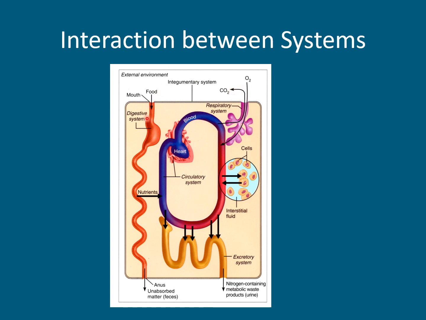Your digestive system is picking up, as I said, nutrients. Those are being absorbed into the blood. It's going to be filtered in the urinary system, get rid of any toxic waste, etc. And so you have this interaction between the systems that's constantly occurring. What does that mean for you if you're going into healthcare?